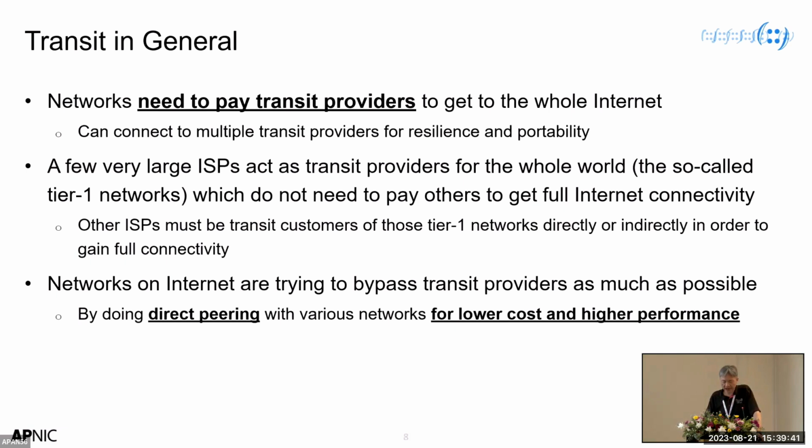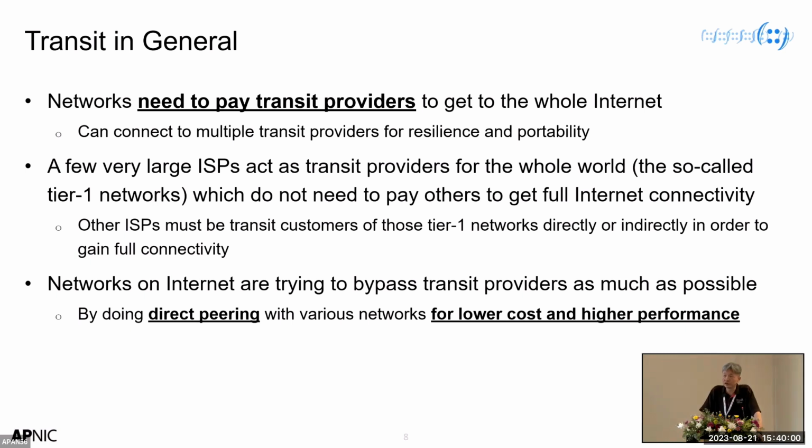And then you may connect to more than one transit provider in order to improve your resilience. But of course, since you need to pay, you probably would pay a lot.